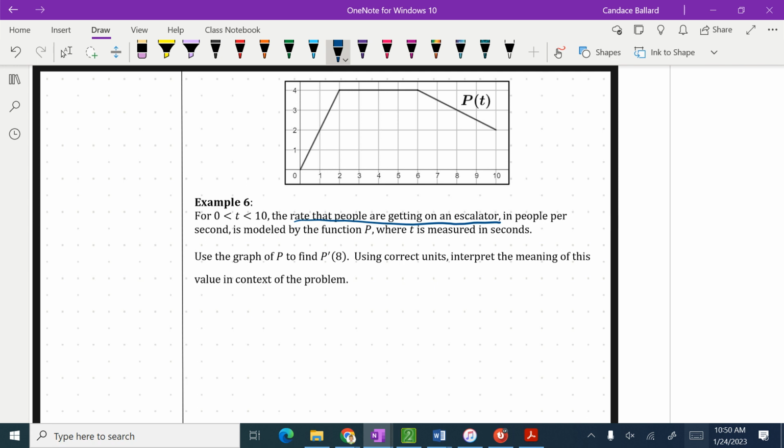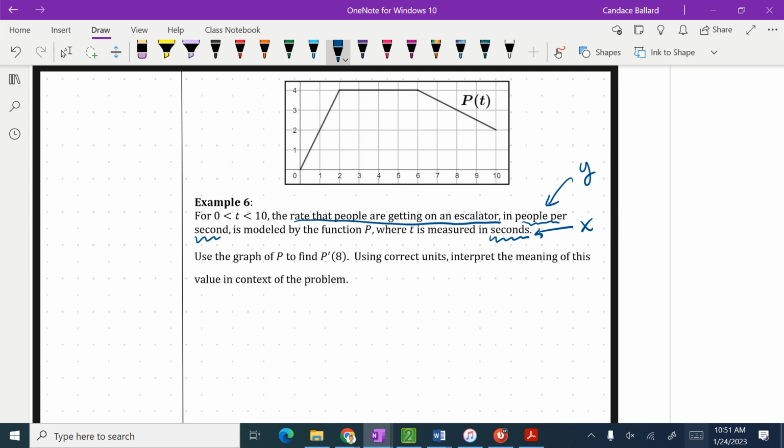There's the words of our problem, right? That we've got to write down later. In people per second, look, there's a measurement, right? Is modeled by the function P, where T is measured in seconds. That right there gave you the Y. This right there gave you the X, right? Over the Y's over the X's.